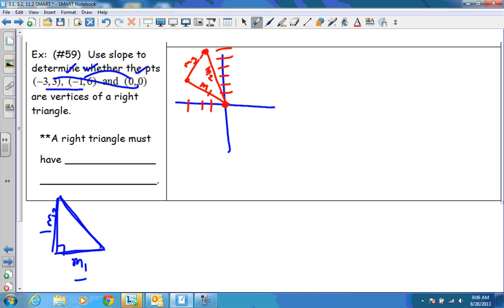That's what you're looking for, because all right triangles must have a set of perpendicular slopes. So, go for it. Start finding some slopes. Find m sub 1. Find m sub 2. Find m sub 3.